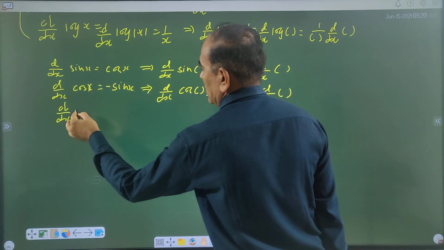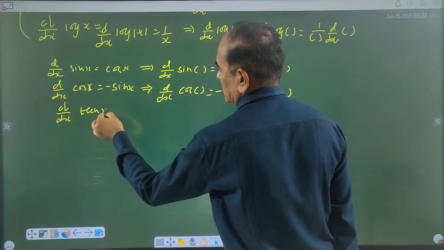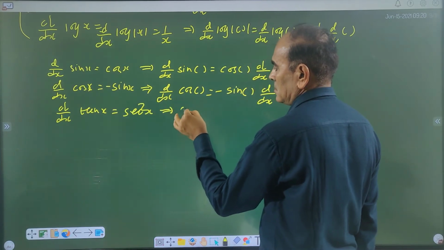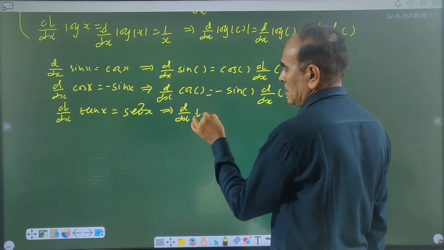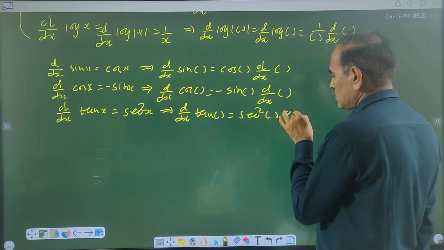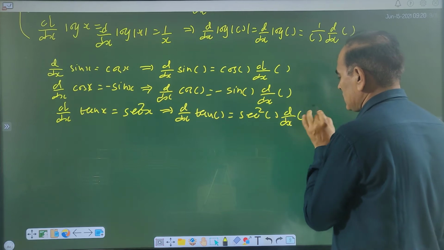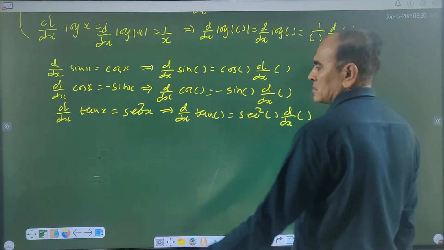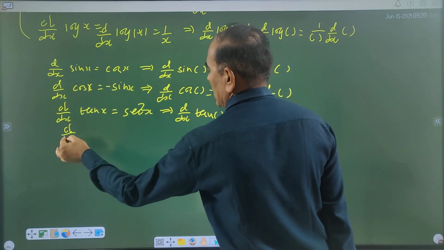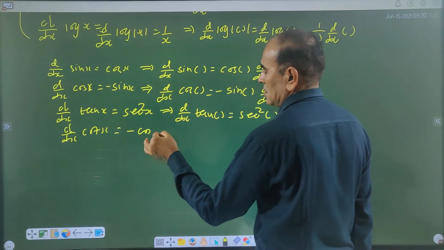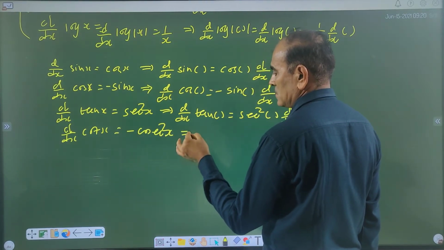Now see, d by dx of tan x is nothing but sec square x. So d by dx of tan of some function is equal to sec square of that function times d by dx of that function. Next, d by dx of cot x is nothing but minus cosec square x.